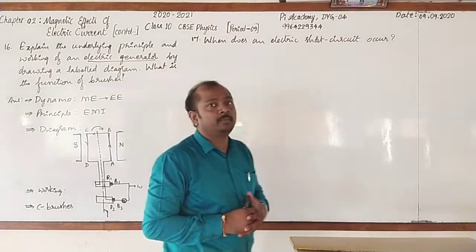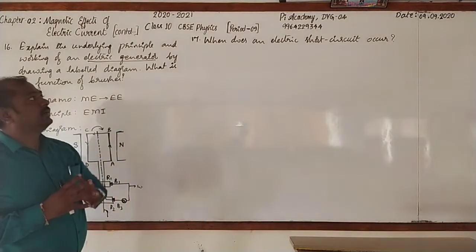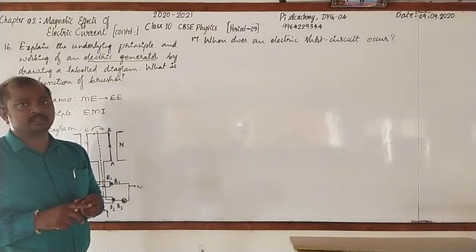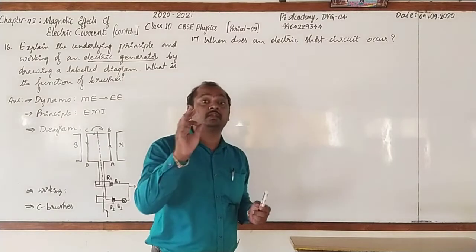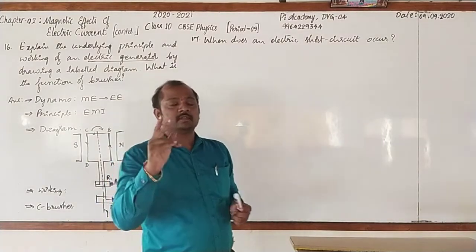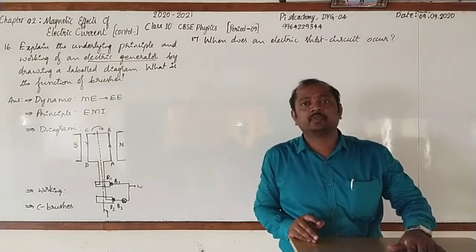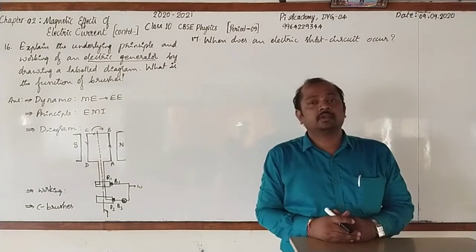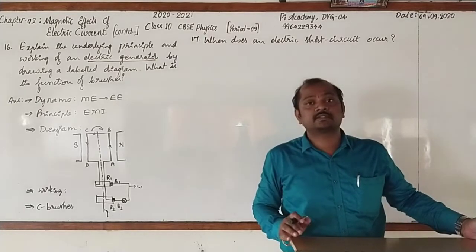But what are the possible ways which are responsible for short circuiting? Yes, this is one thing, when the live wire comes in contact with the neutral wire directly. And the second point is, if there is any damage in the wire, then also a large amount of electric current flows, which leads to short circuiting.